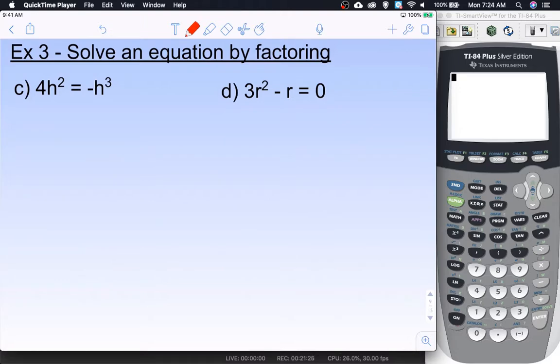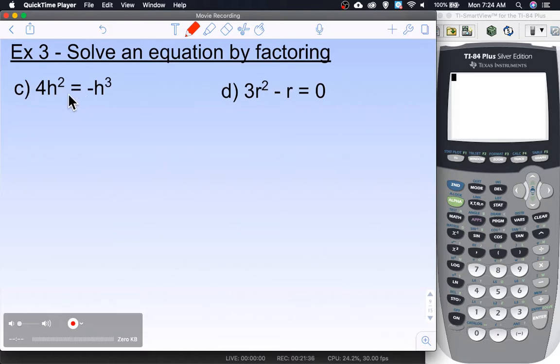Okay, so let's see here. Letter C. Well, we can't use the zero product property very well if the equation's not set equal to 0. Do you see how there's things on both sides of the equal sign? We don't want that. We want everything on one side so that it would be something equals 0, like this one.